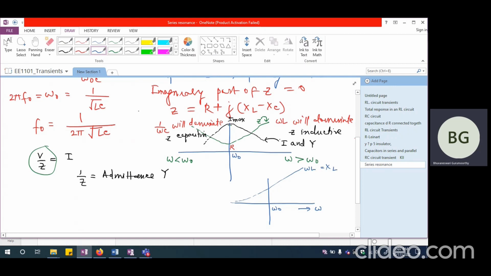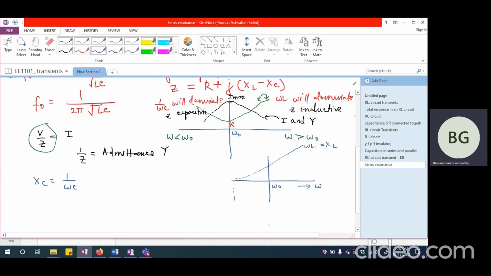Whereas if I try to look at what is the kind of variation we are going to have for capacitive reactance, we said that Xc is equal to 1 by omega C. So when omega is 0, literally, we are going to have infinite value of capacitive reactance.